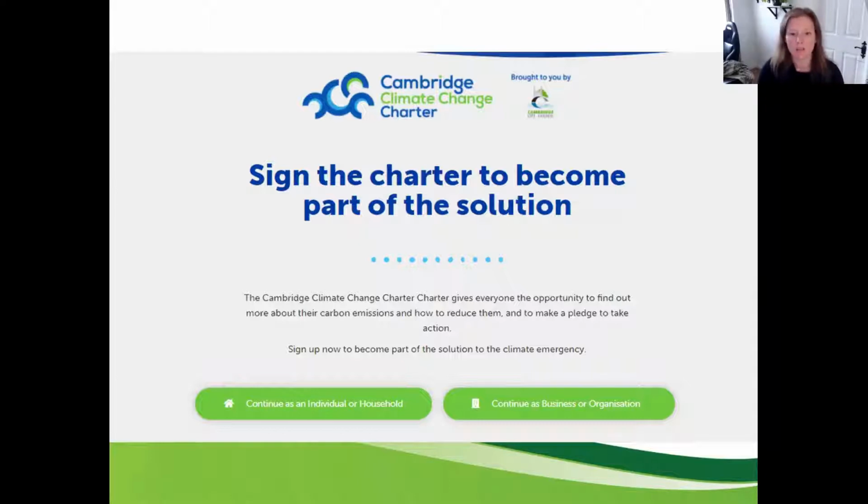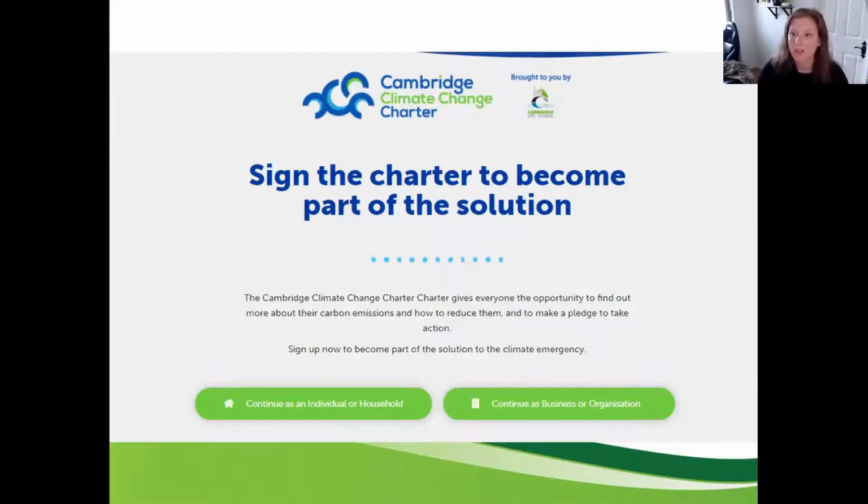Please do have a think about signing up to it. There's 2 ways you can do so. You can go in as an individual or household on this button, and that will allow you to calculate your household carbon footprint and make specific pledges to reduce that carbon footprint, or you can continue as a business or organisation. There's no carbon footprint functionality as things stand. Hopefully that will be developed in the future.